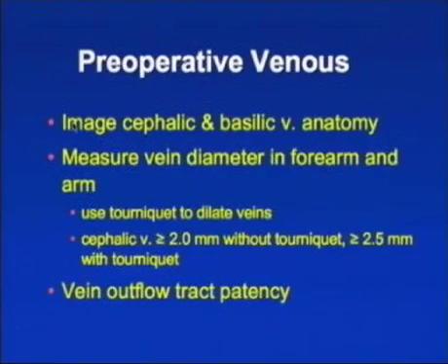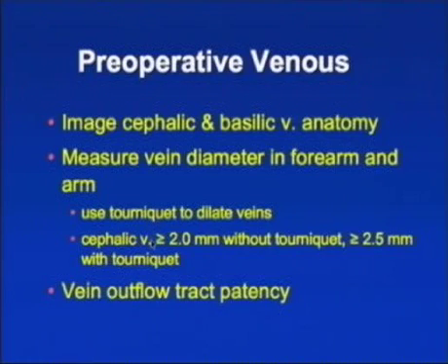Now we proceed to image the cephalic vein and the basilic vein, and we evaluate the anatomy and whether they're present or not. We also measure the vein diameter in the forearm and the arm. There are a couple of different methods for this. Some investigators and clinicians suggest using a tourniquet, like a Penrose drain put up on the upper arm to dilate these veins.